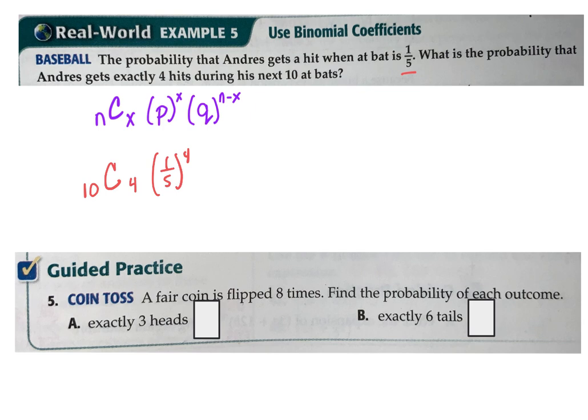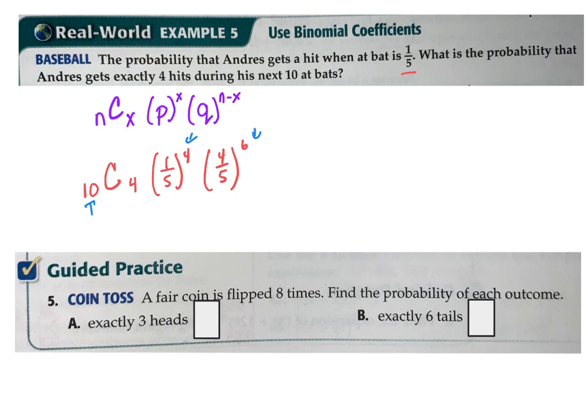Okay? All right? Your probability of something happening and the opposite of it happening should always add up to 1. Happening and not happening, right, is going to be 1. So this is going to be 4/5. And we're going to take that to the 10 minus 4. That's 6.